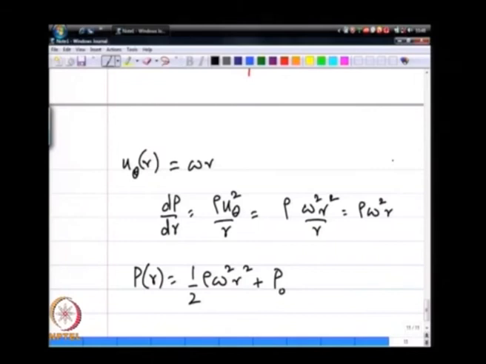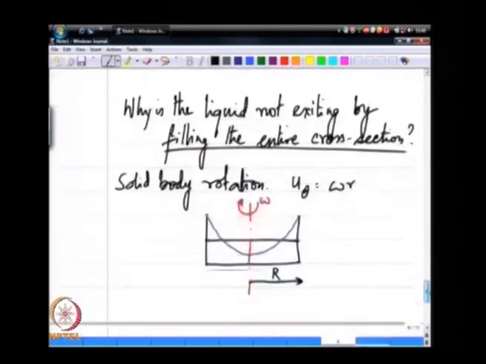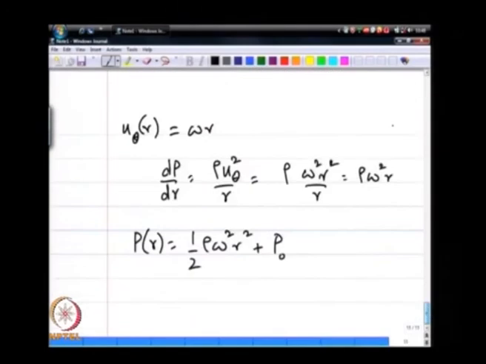Now, this is the case with no gravity included in this equation. If I include gravity, then this P_0 is minus rho g z.